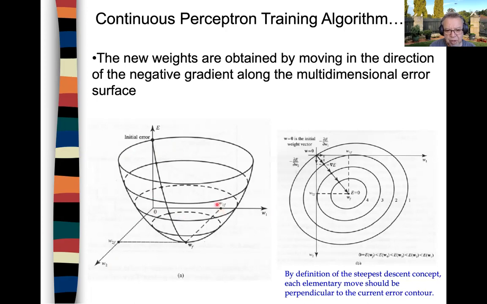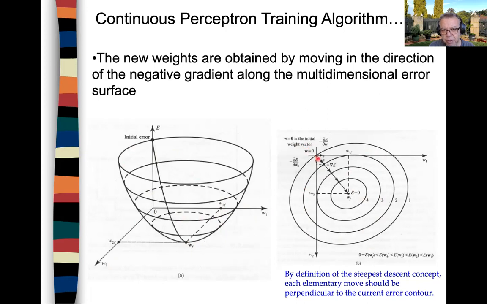And if this is our initial weight, then with training, we're going to converge to the global minimum, hopefully. So this is the error contour of this function. If we start here, W equals 0 is the initial weight.